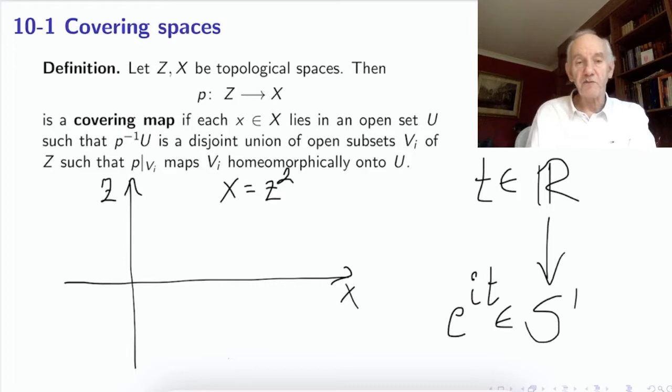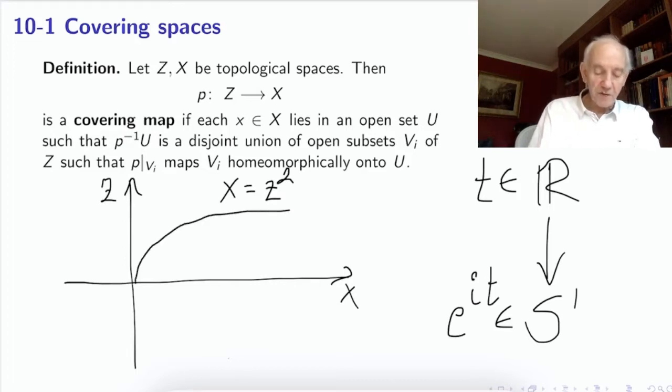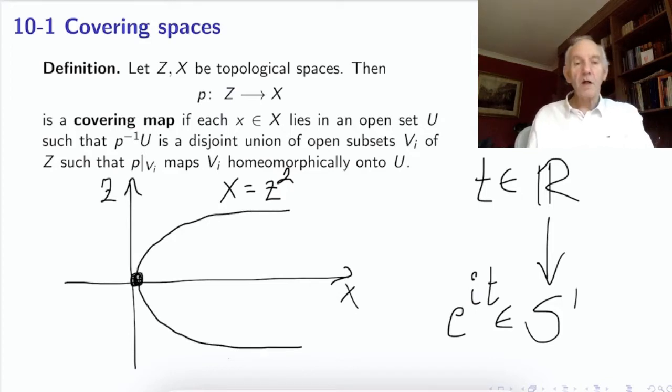This is the equation of a parabola, but it's a parabola that's this way round, going to the origin. Of course, x is always non-negative.